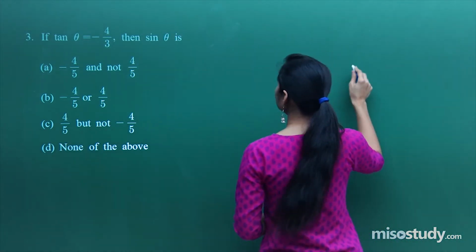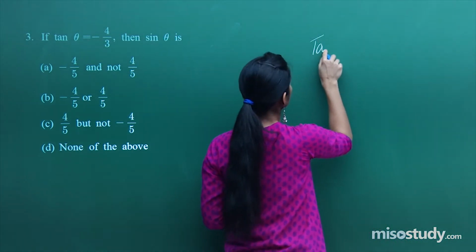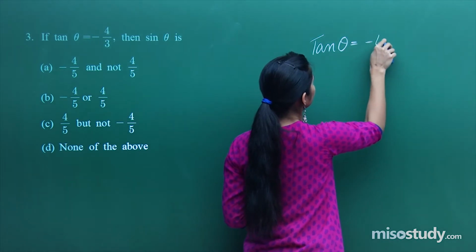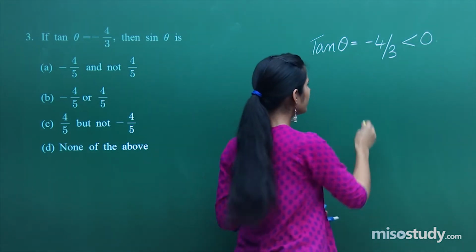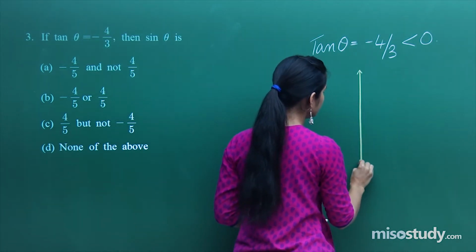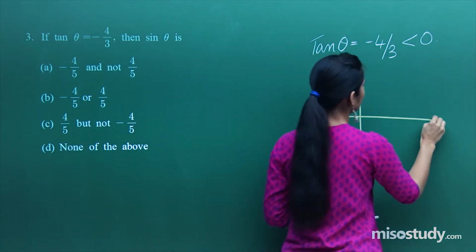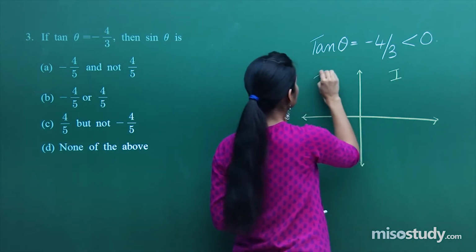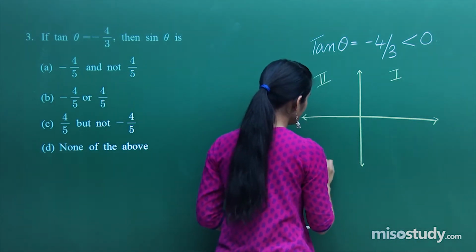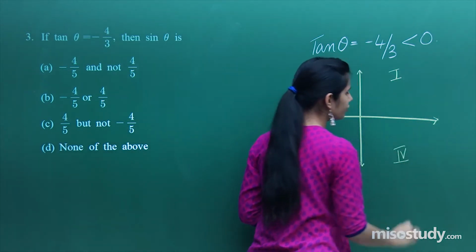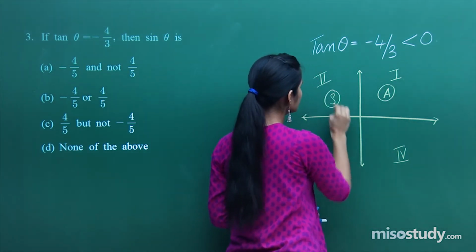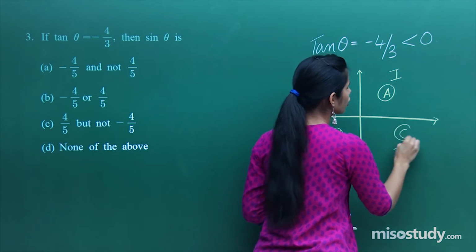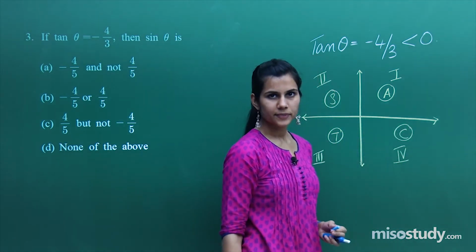tan theta is minus 4 by 3. That means it is negative. If I make you recall the sign convention, this was the first quadrant, second quadrant, third quadrant and fourth quadrant. You know there was a sign convention like all, school, to, college, ASTC.